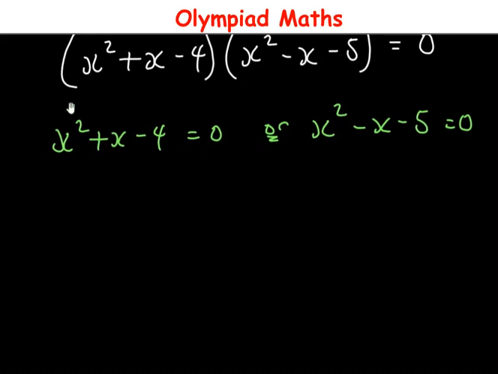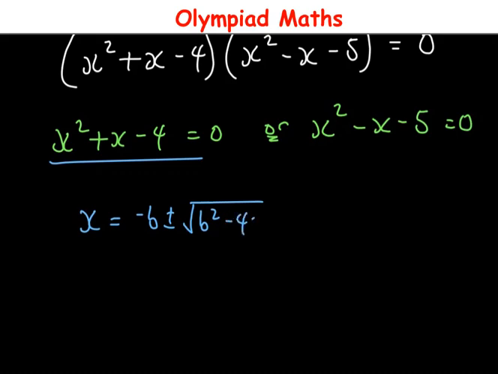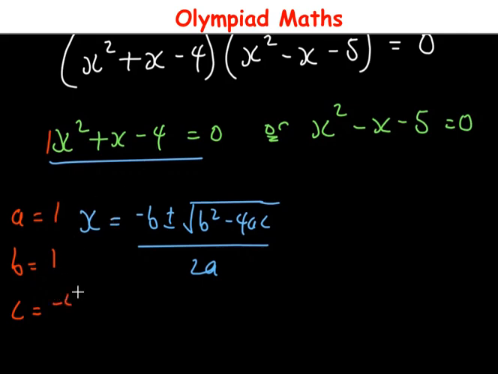Now, solving this first equation, this is a quadratic equation, and to solve this, we make use of the quadratic formula, x equals minus b plus or minus square root of b squared minus 4ac, all over 2a. In this case, the value of a is the coefficient of x squared, which is 1. The value of b is the coefficient of x, which is plus 1. The value of c is the constant, which is minus 4.